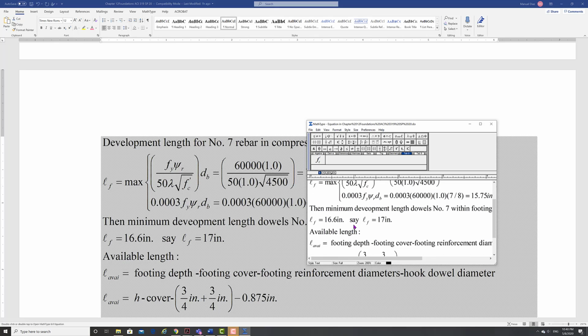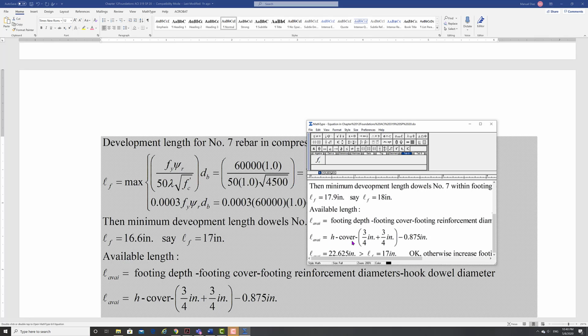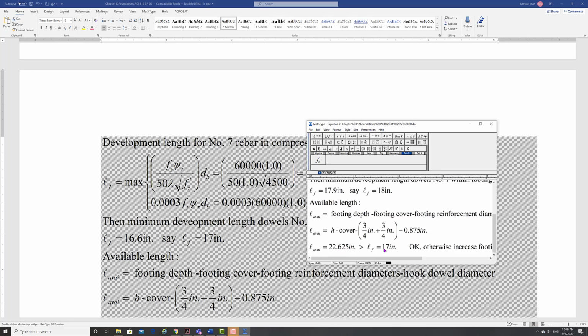So we got then 17.9, and it changes to 18 here. And available depth, they're the same. We got 22, which is more than the 18, so we are good. And notice here that is H, right? The cover, 3 inches.